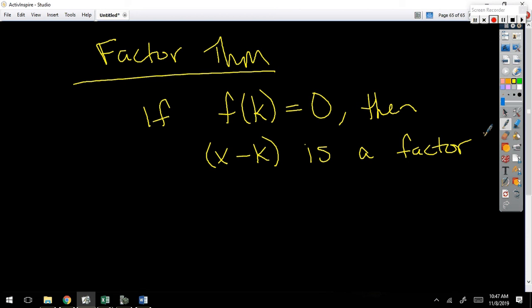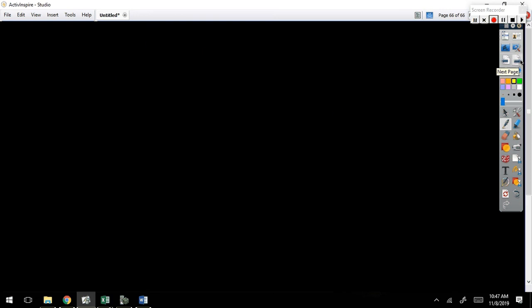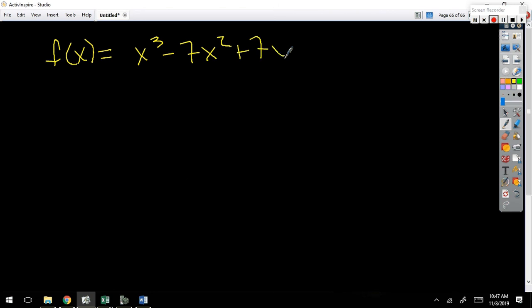So let's first look at f of x equals x cubed minus 7x squared plus 7x plus 15. First thing I want to know is, is x minus 5 a factor? Yes or no?